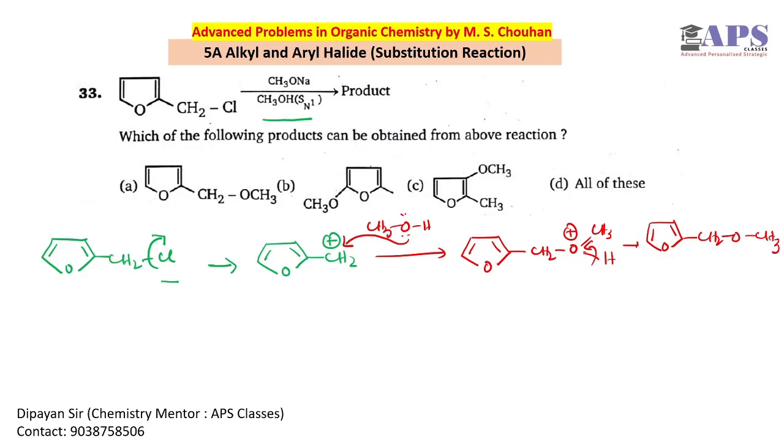But interestingly, we can have all of these products. How? Because this carbocation can rearrange itself. So if we look at this kind of rearrangement, this is not rearrangement, this is resonance. So this kind of carbocation is formed.